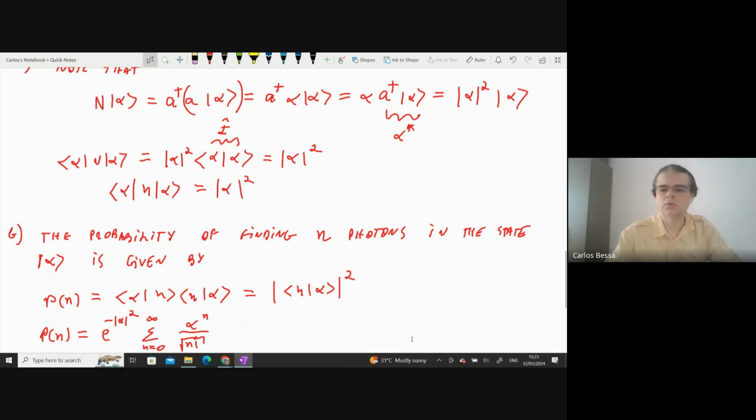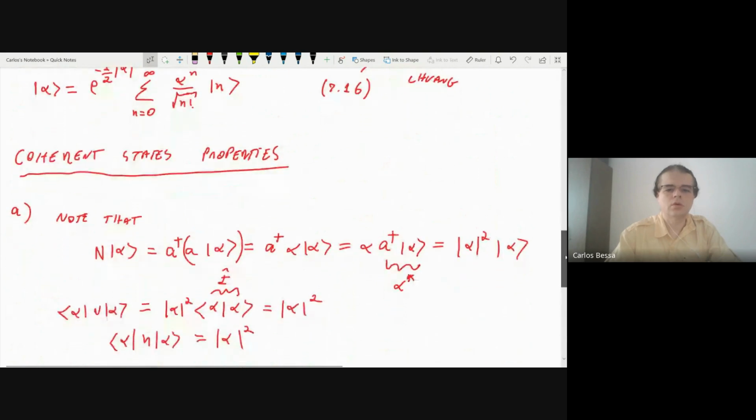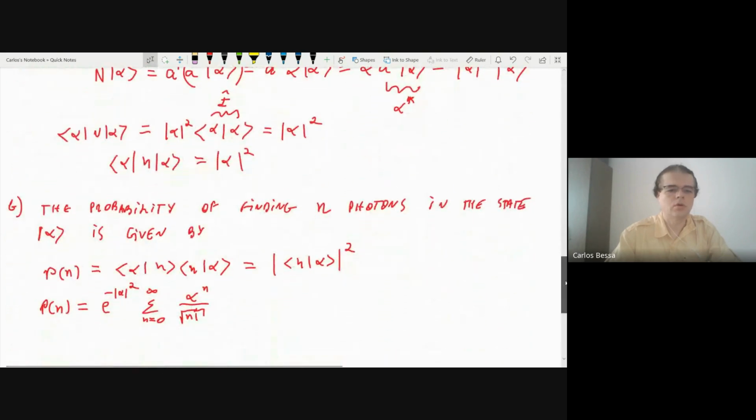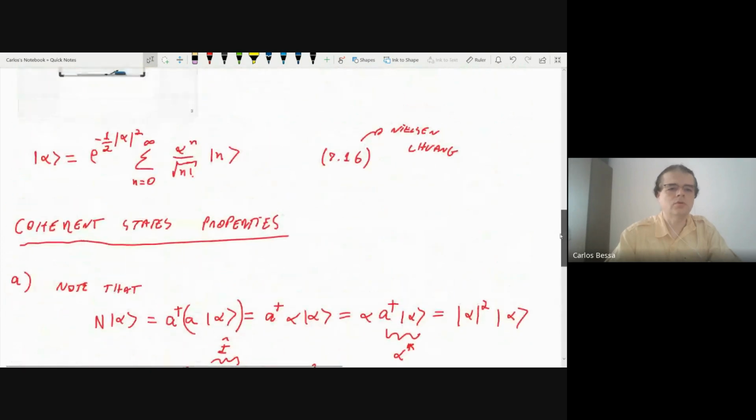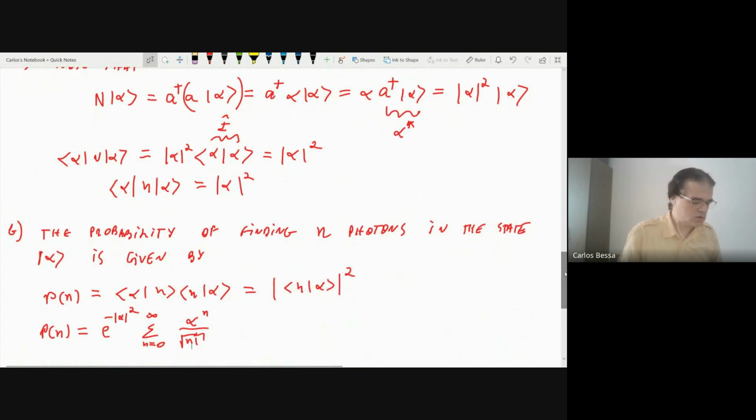Now, let's see here. I think my notes are wrong because there's a square root here. We don't have this square root. So this is just n factorial.